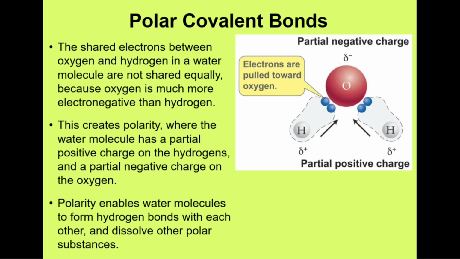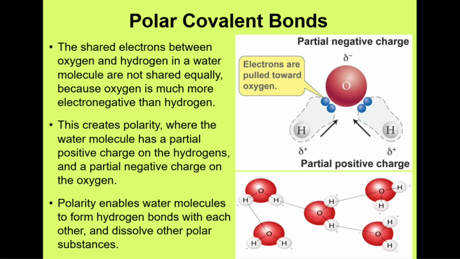What this enables them to do is join together through these hydrogen bonds, but also it enables water to dissolve other substances that are polar, so other substances that have both positive and negative parts to them. And that's what makes water such an important solvent. A solvent is something that can dissolve other substances. Water is an incredibly versatile solvent because of its polarity.